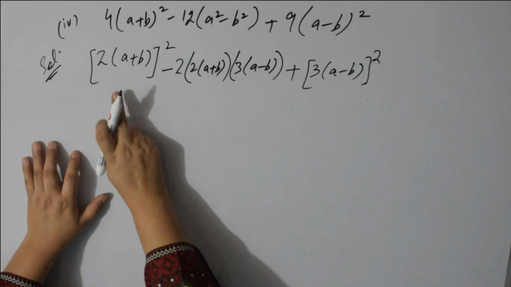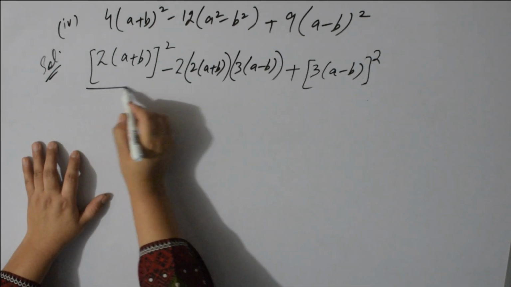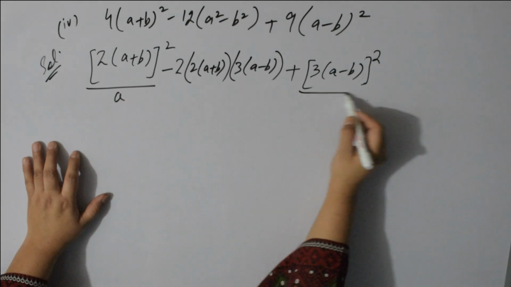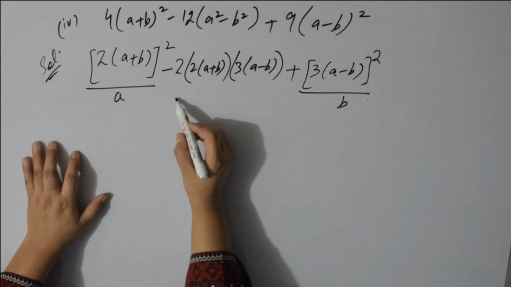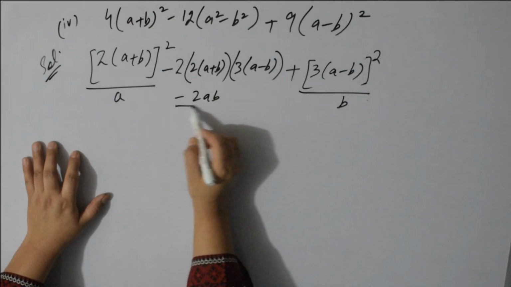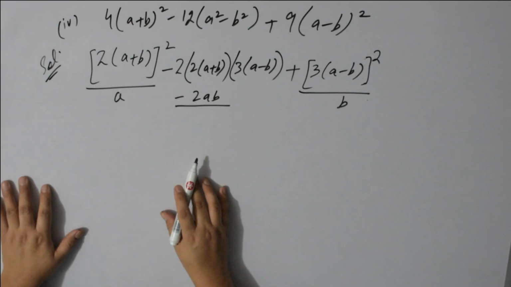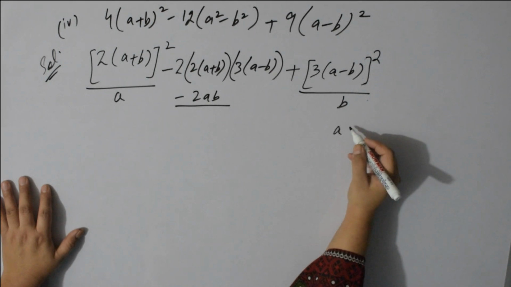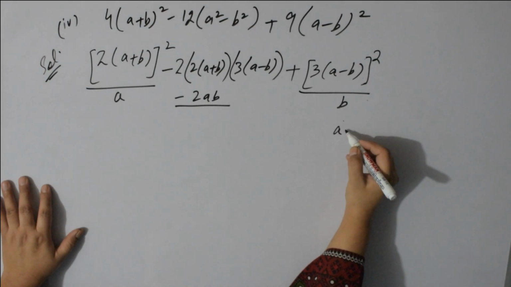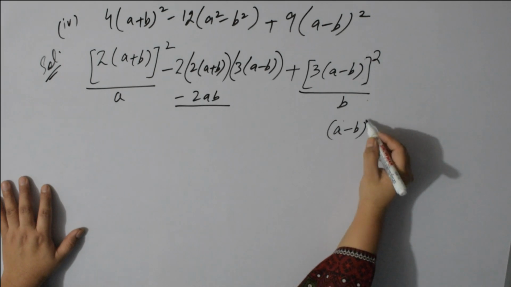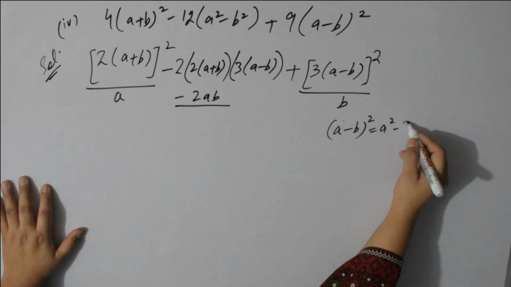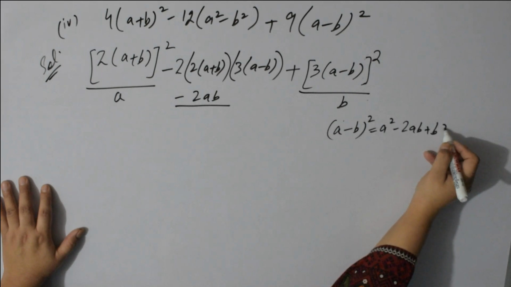Close this formula. This is a square, this is a, this is b, and this is minus 2ab. This is my minus 2ab term. So I am closing this formula as a minus b whole square is equal to a square minus 2ab plus b square.